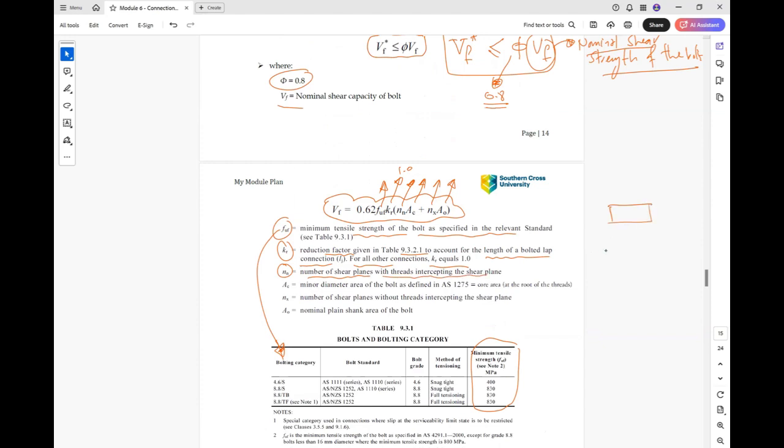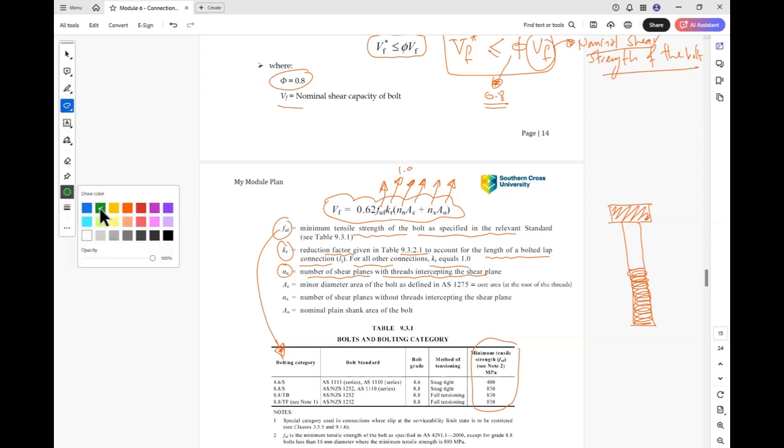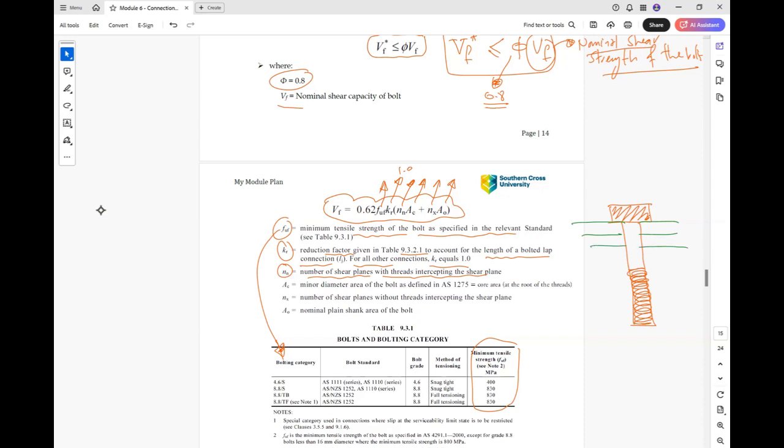So if we have drawn this bolt here, part of the bolt is thread and the other part is a shank. So for example, if we have 1, 2, 3 members, just an example.